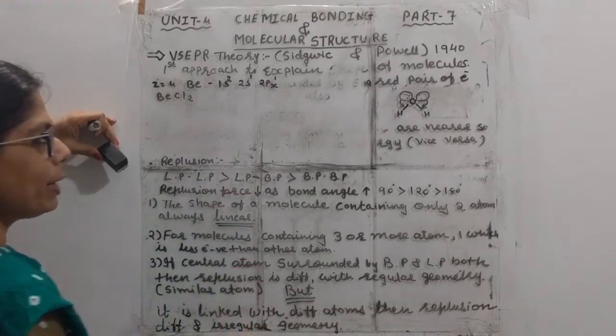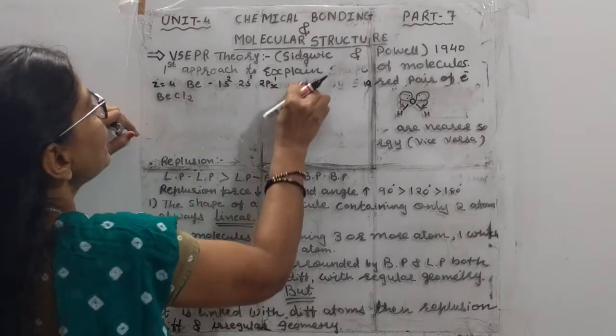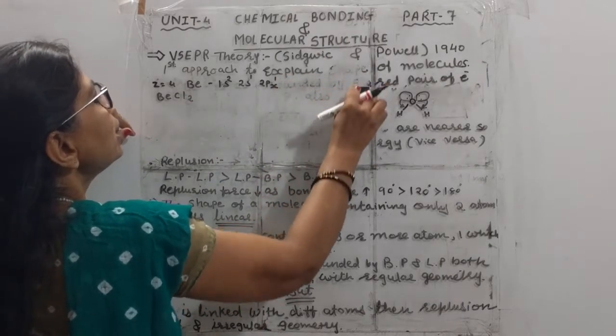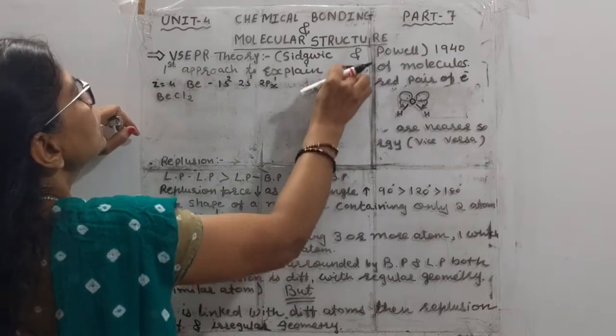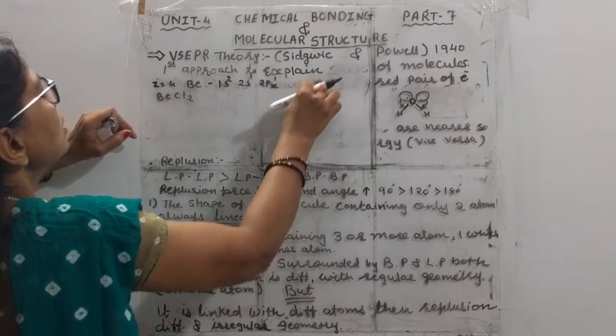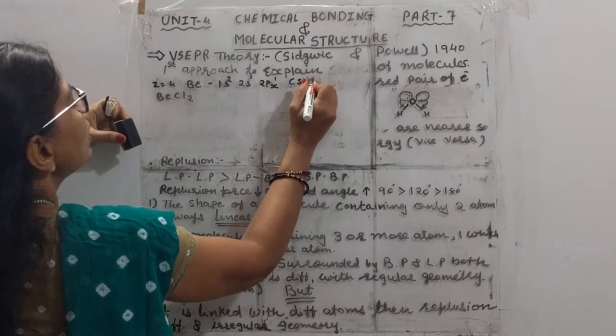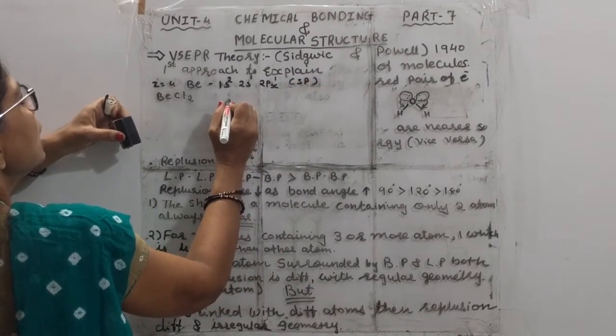So here the hybridization is sp hybridization with chlorine ns2 np5. So now we'll draw the Lewis structure, students.